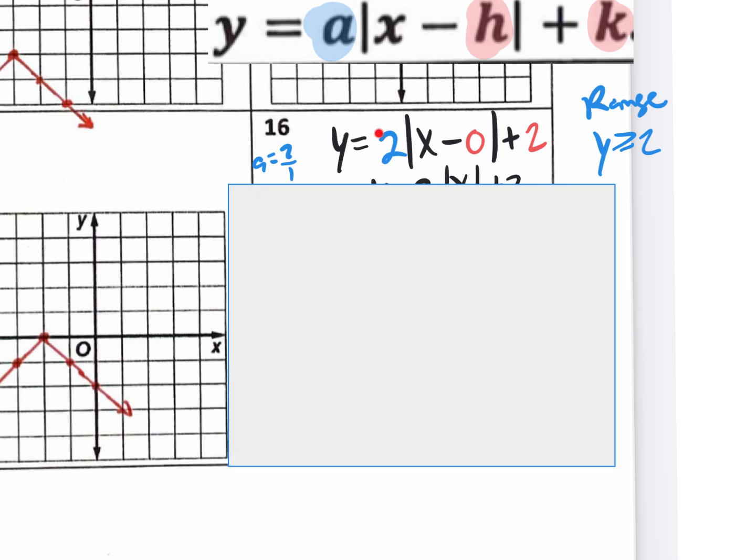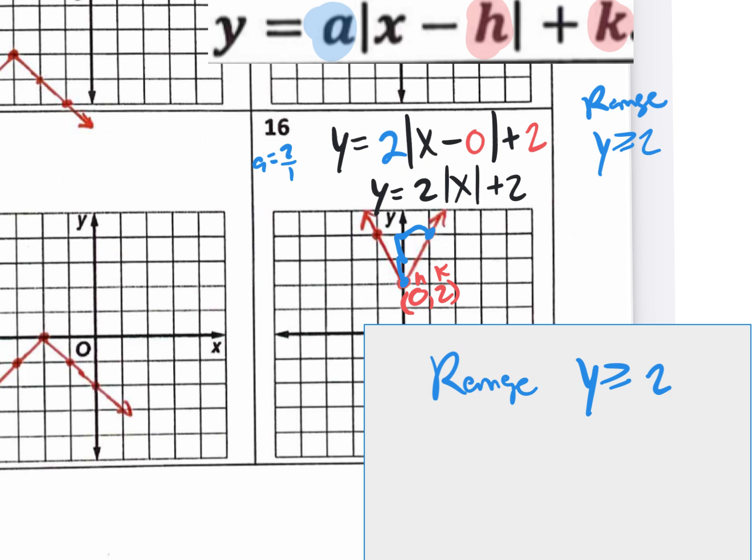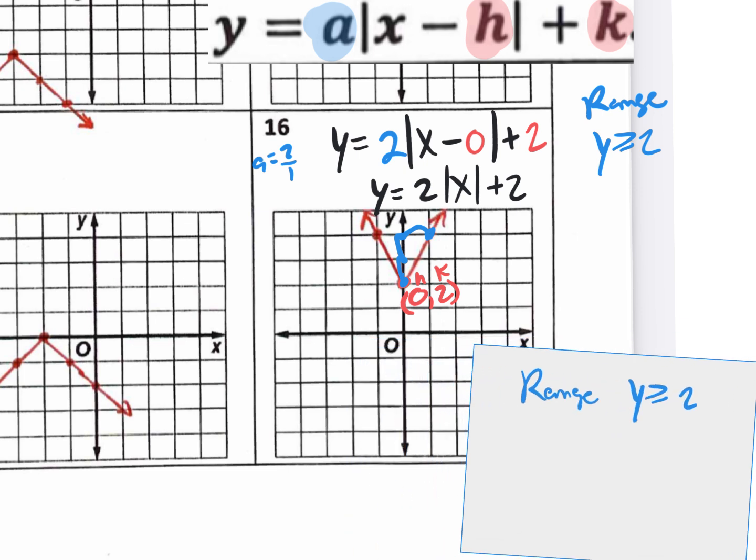You could just look at this guy and be like, okay, if I want to state the range, it's y is, because the a value is positive, it's going to be opening up. So the range is going to be y is greater than or equal to, because it's opening up. How do I know that? Because the a value is positive. And what value is over here? It's going to be the y value of your vertex, which happens to be the k value. So y is greater than or equal to 2. So you don't really even need the graph to state the range.